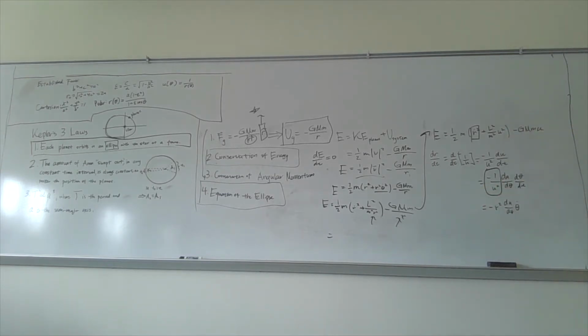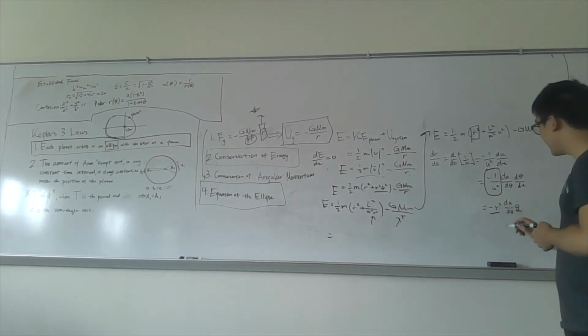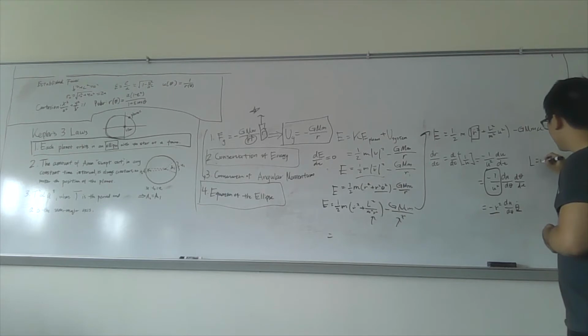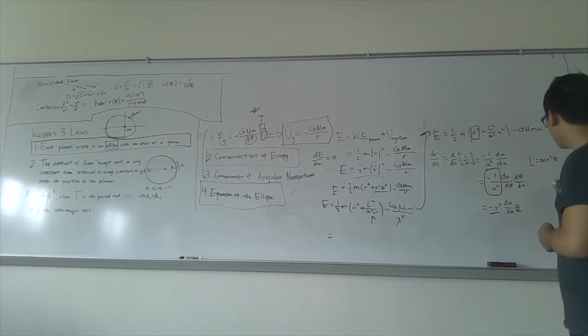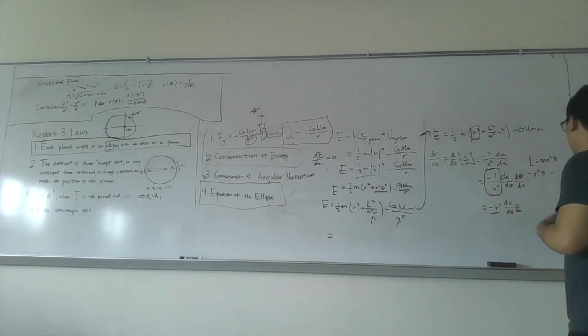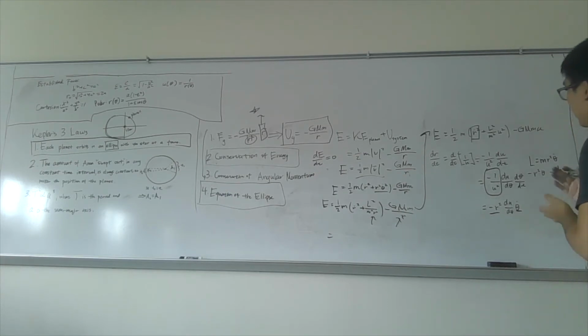And you should notice again, now we can express these two parts of the expression in terms of angular momentum. Specifically, we just get that negative r squared times the time derivative of theta is just negative L over m.